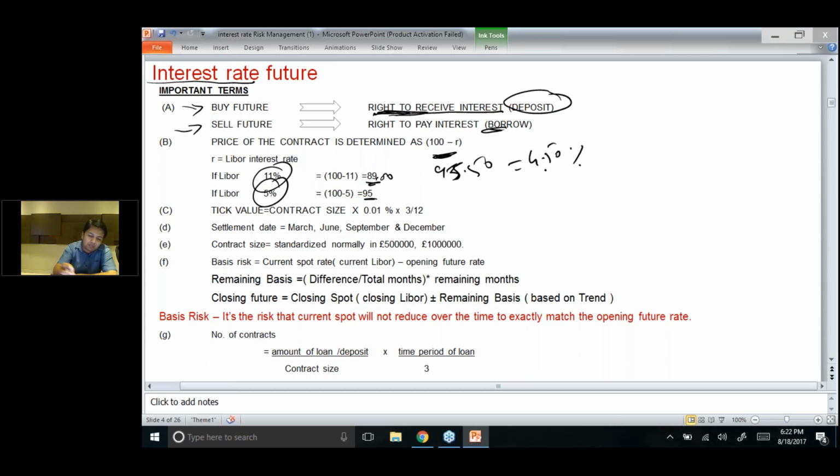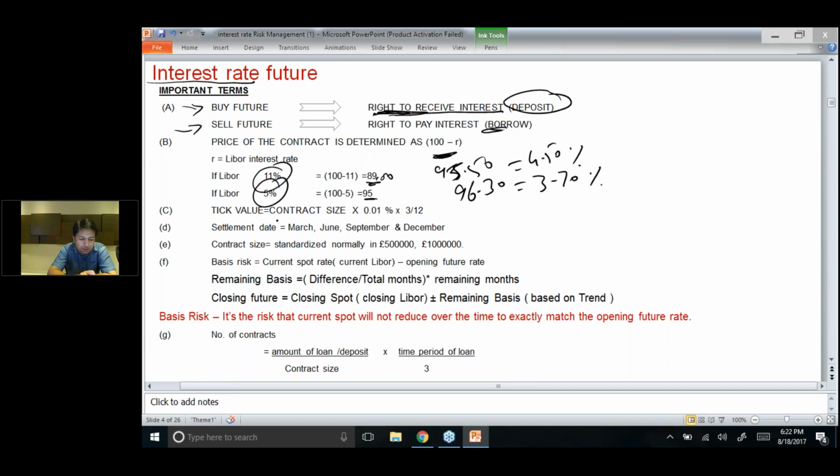So 4.5% means 95.50, 95.50 means 4.5%. Let's suppose 96.30, that means 3.7%. So this contract is available in inverse pricing, 100 minus R.